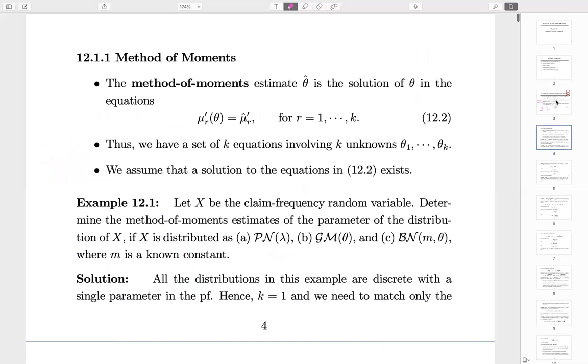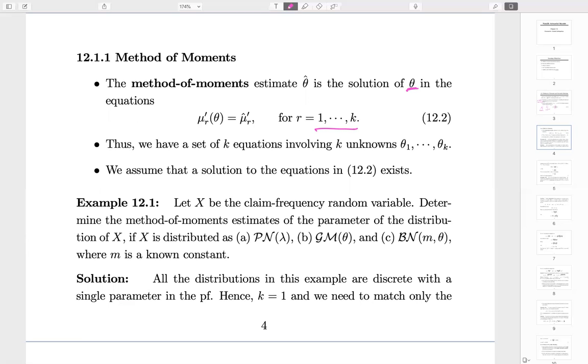So now we do the matching. Matching means you match the theoretical result with the empirical result. Here we have k parameters, so we are trying to set up k equations, starting from the lowest moment, that's the first moment, all the way to the kth moment. We prefer to start with lower moments. So if there are two parameters, we use the first and second instead of the second and the third.